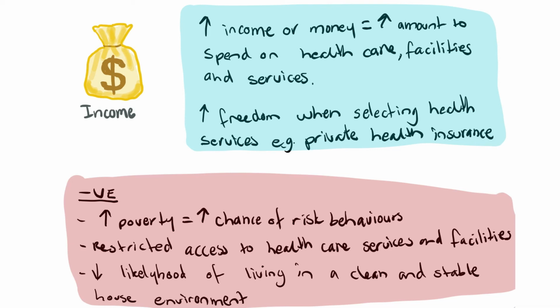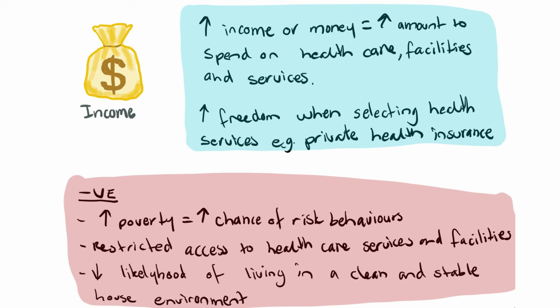Now, if we look at the negative aspects and how income negatively affects our health outcomes, well, generally with increased levels of poverty or lower socioeconomic status, there's an increased chance of engaging in risk-taking behaviours. And so obviously when we look at low socioeconomic status populations, they generally have poorer health.